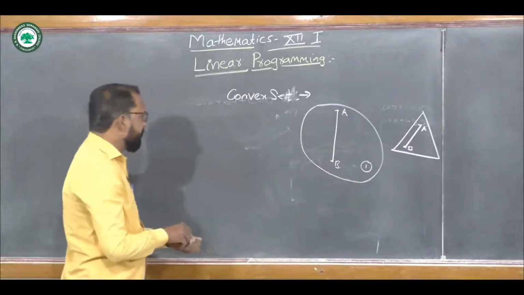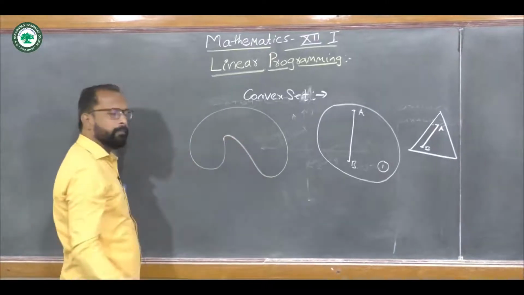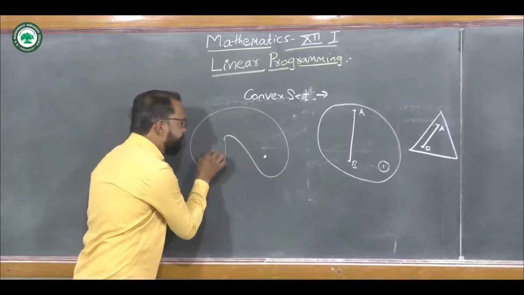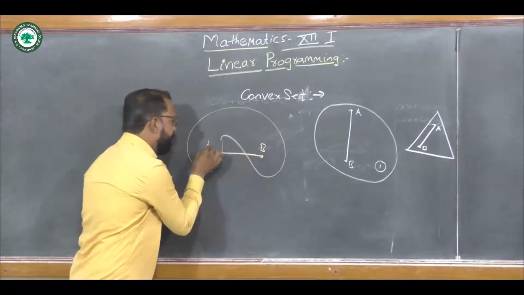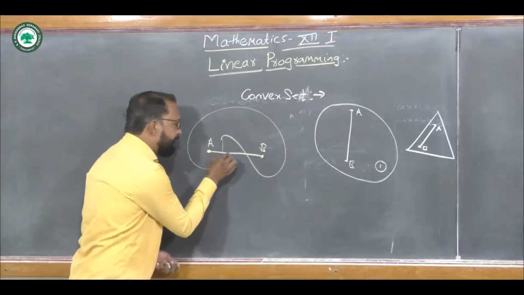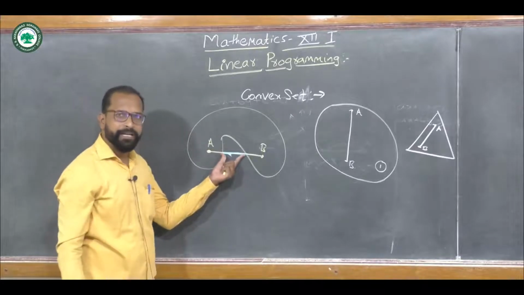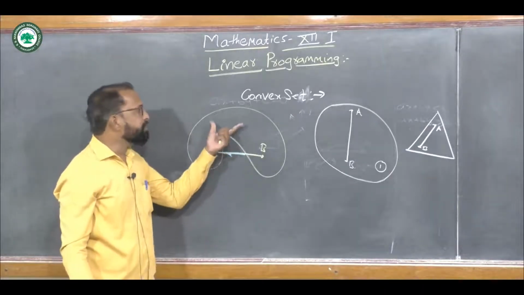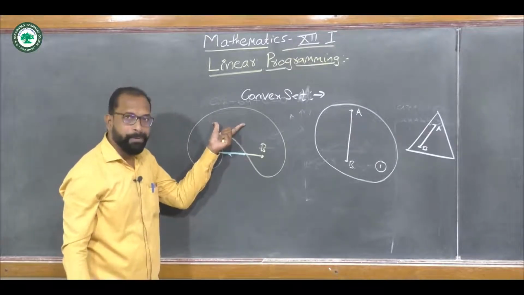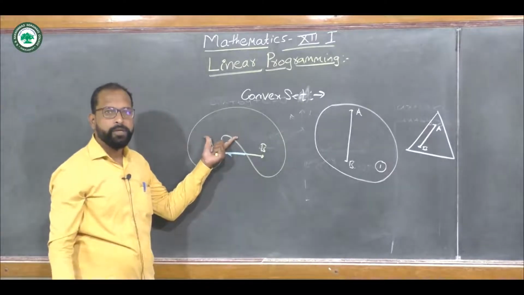But if we consider a set of points like this, and join the two points A and B here, then this part of line segment AB is outside this set of points of the plane, and therefore this is not a convex set.